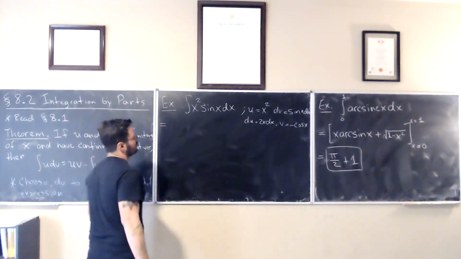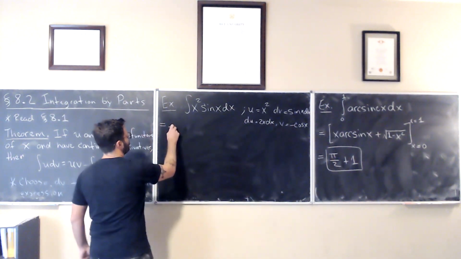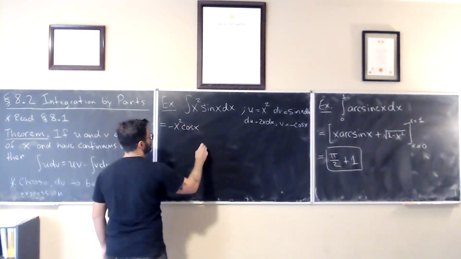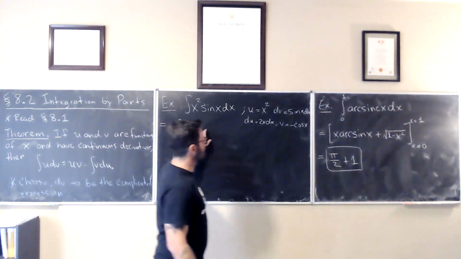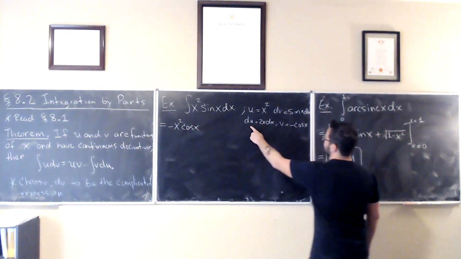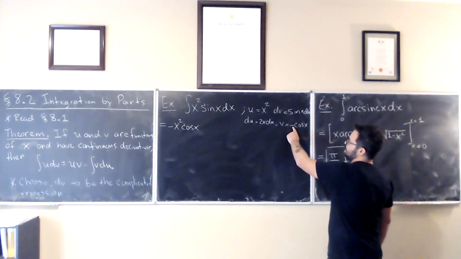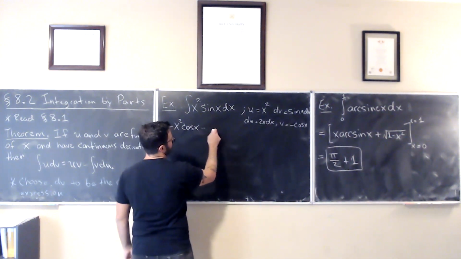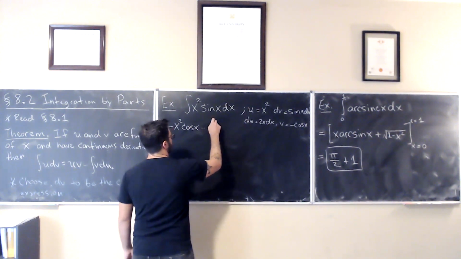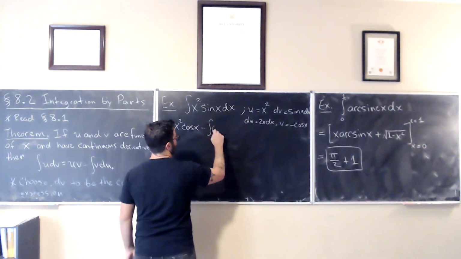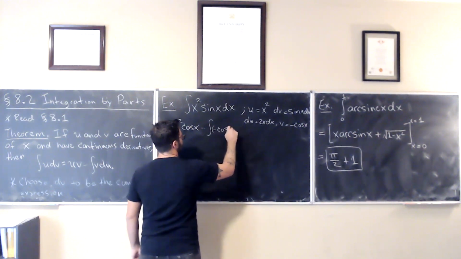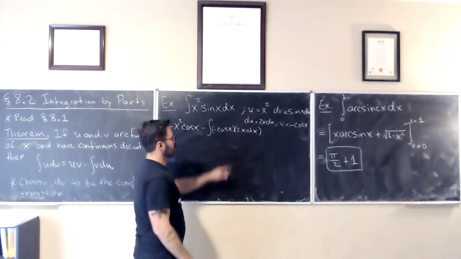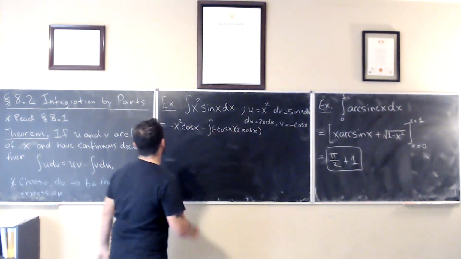So plugging in, uv is just minus x squared times cosine x minus the integral of v du. So v du, there's a negative 2 that I can take out in front of the integrand, so minus negative, well, I'll just write it out. So cosine x, 2x, dx. So I'm going to just take out that negative 2, and it'll become positive.